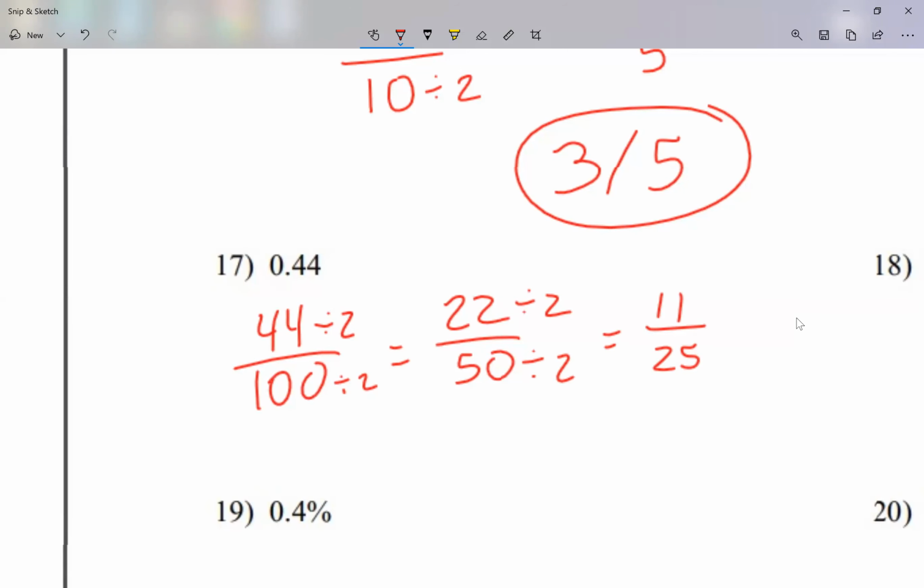All right, so now they're not even, so I cannot divide by 2, but probably I can divide by 3, probably I can divide by 5, probably I can divide by 7. In this case, I cannot, but I'd still take a look. In this case, my answer is 11 over 25.